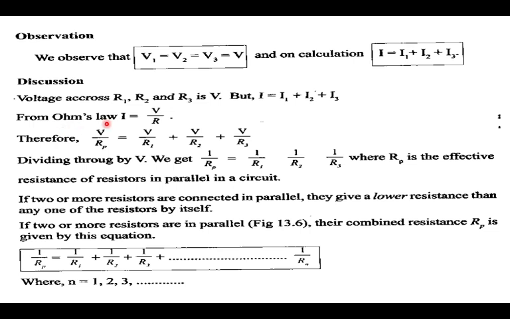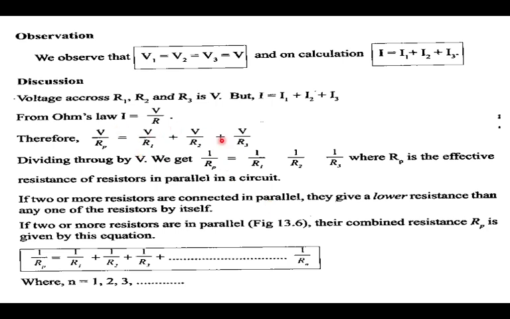So when you apply Ohm's law, you find that the total voltage divided by the resistance in the whole parallel circuit will be given by the equal voltages divided by each of the resistances, as shown in the equation here.